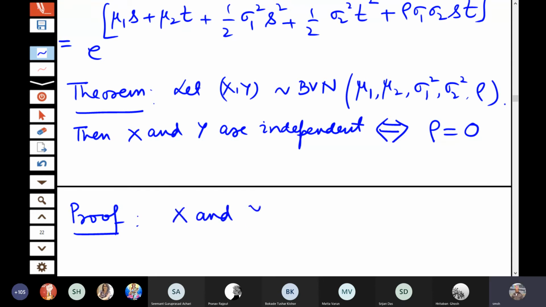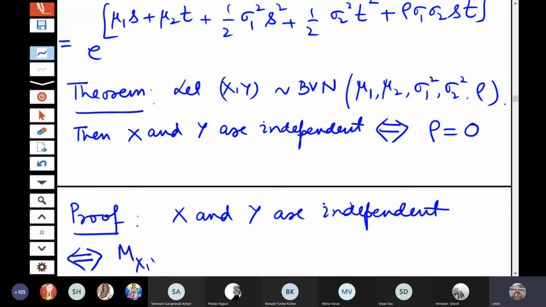X and y are independent. We have proved that this is if and only if the joint MGF is equal to the product of the marginal MGFs.